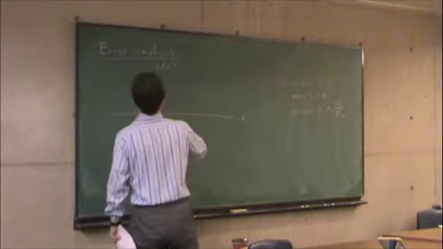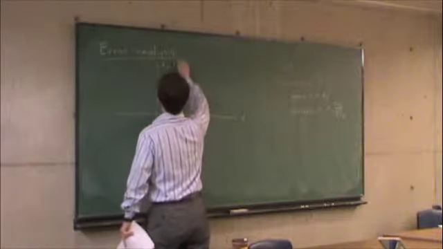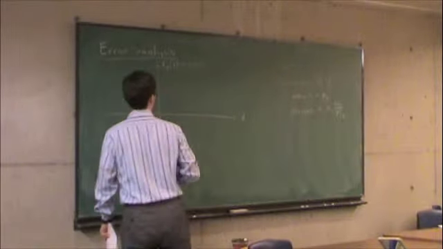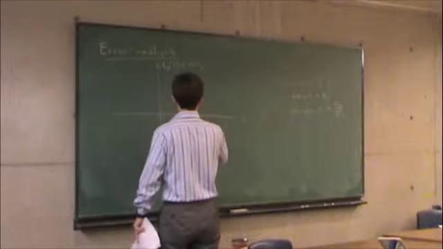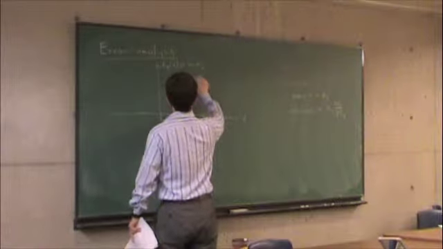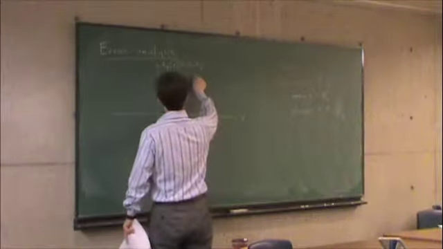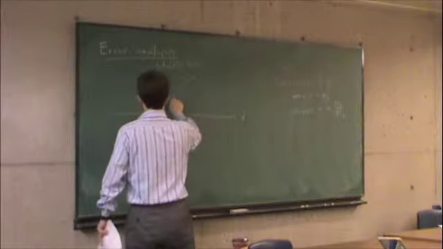So this is actually conditioned on a 0 sent. If a 0 was sent, the mean is NB, and the variance is NB times N0 over 2TS. And we have a Gaussian probability density function.